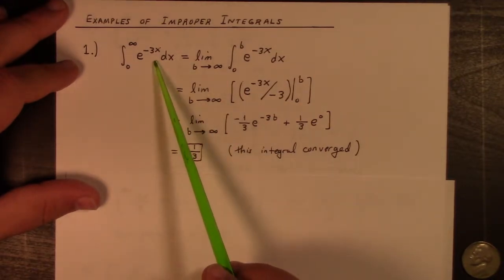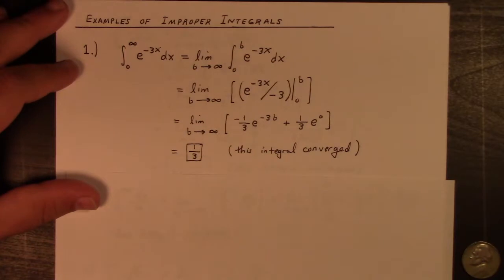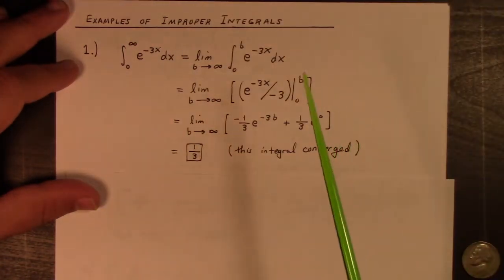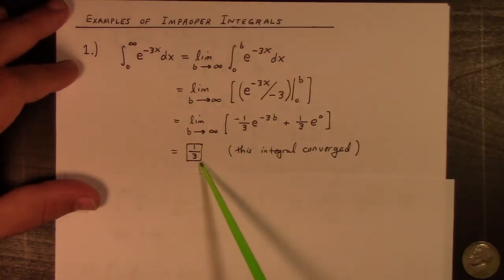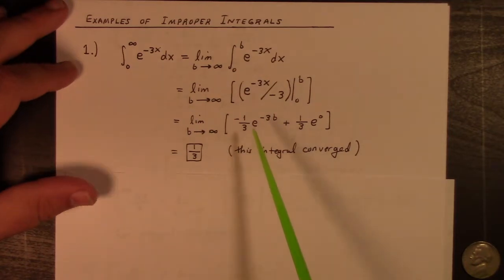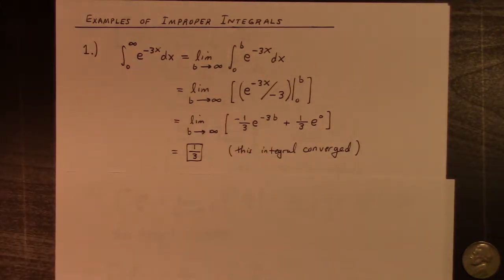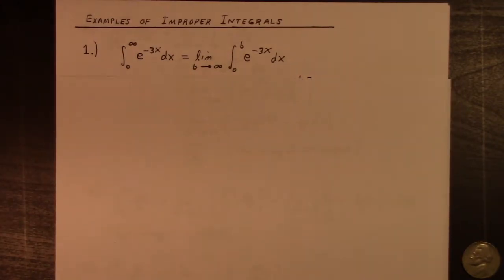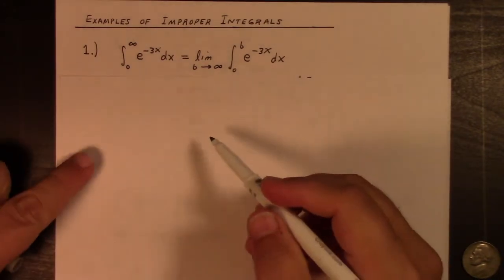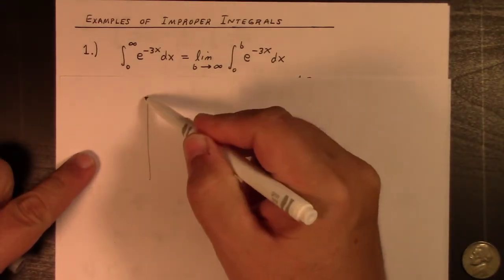So what that means is that this integral converged to 1/3. What that means is, if we look at, let's see, what does e to the minus 3x look like?